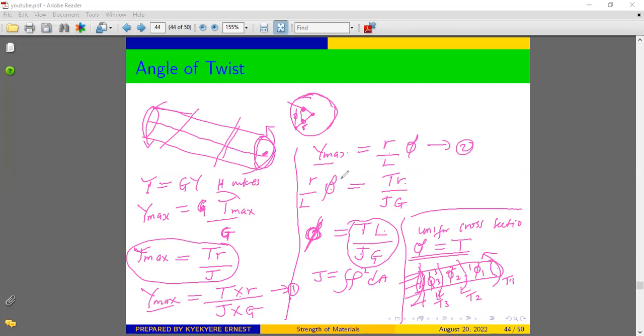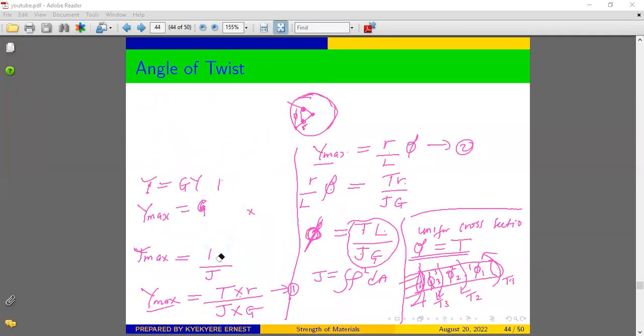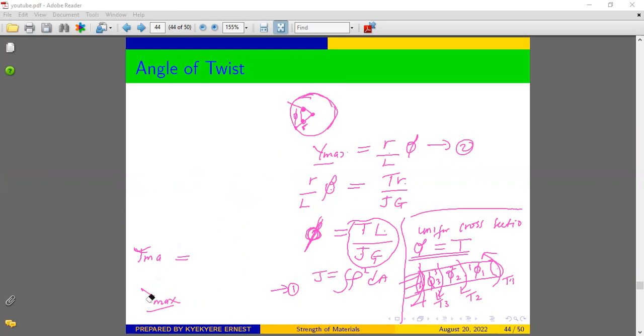From there, I can get the total twisting in the structure. So that is number 1. Take note of that. Anytime you encounter a new torque in the system, you have to divide into sections so that you can do the analysis.